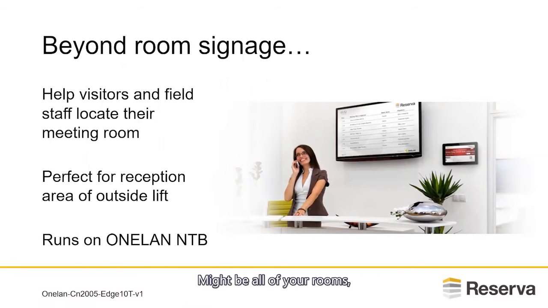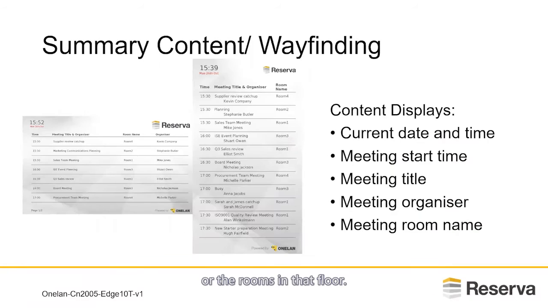Might be all of your rooms, or the rooms in that building, or the rooms in that floor. You will get a table with the information of the time, the meeting title and organizer, and the information of the room. You can put this as a full screen, or since it is running on an NTB, it can be one zone in a multi-zone arrangement.